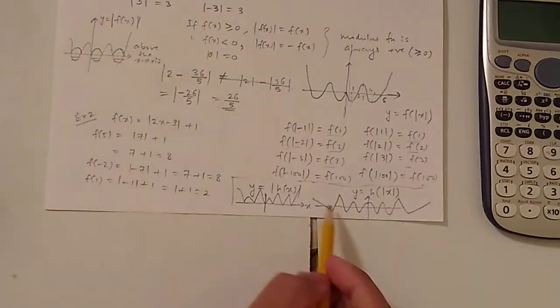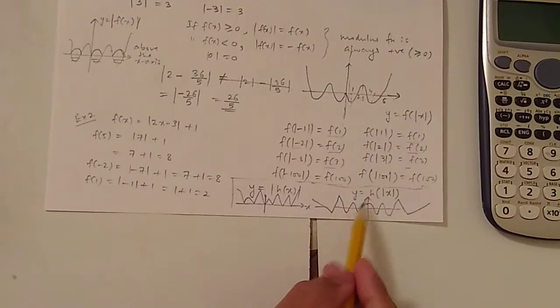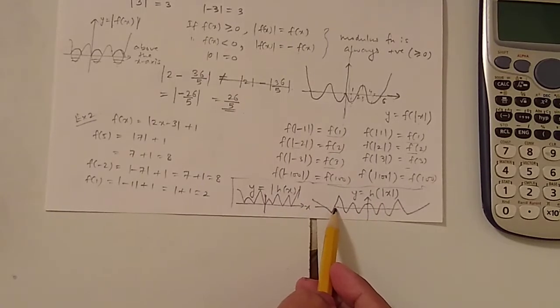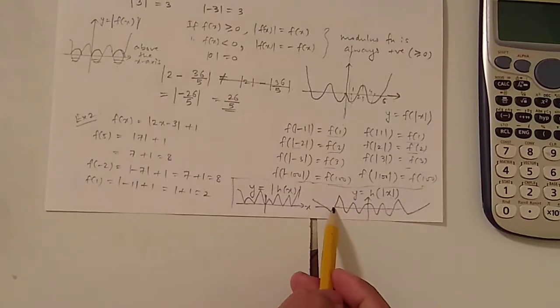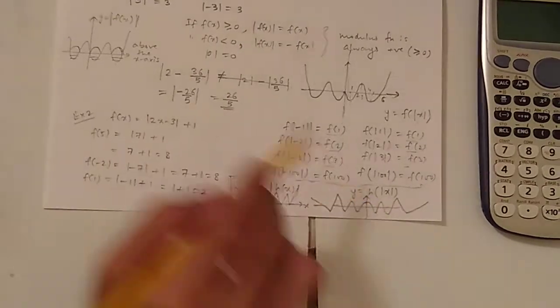Because of the modulus, let's say if x equals minus 10, it is going to give f of 10 rather than f of minus 10 because of the modulus symbol over here.